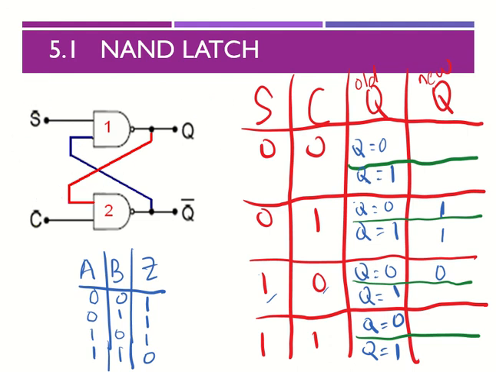So now we're going for the second one, 1 0. So you're going to have 1, you have a 0, and your q is 1. Because q is 1, q bar is 0. So 1 over here becomes 1, and this one will become 1.